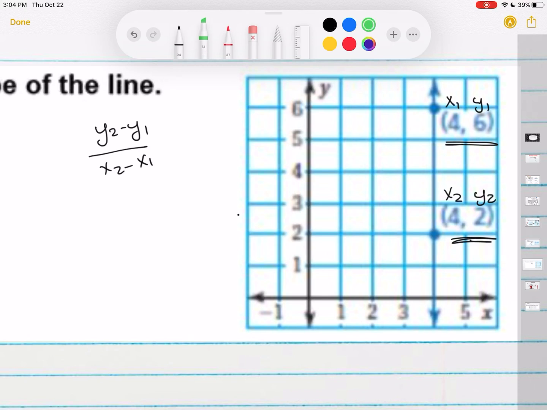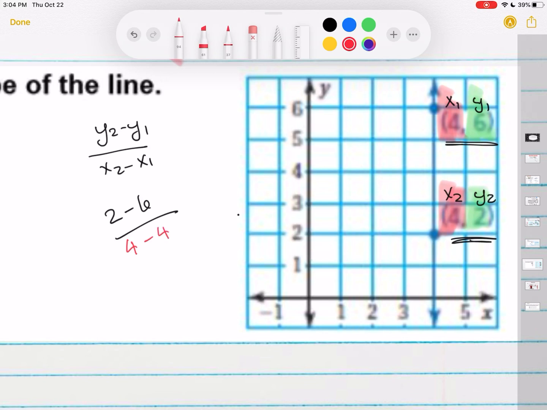So let's see, we're going to do y2, which is 2, minus y1, which is 6, divided by, let's see, x2, which is 4, minus x1, which is 4.